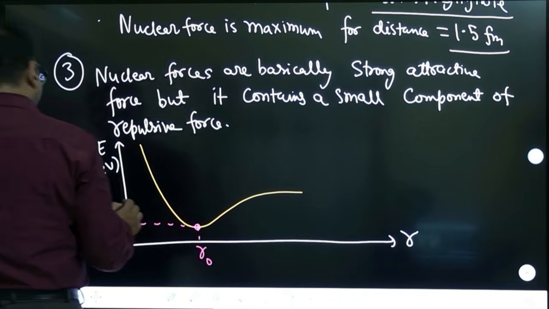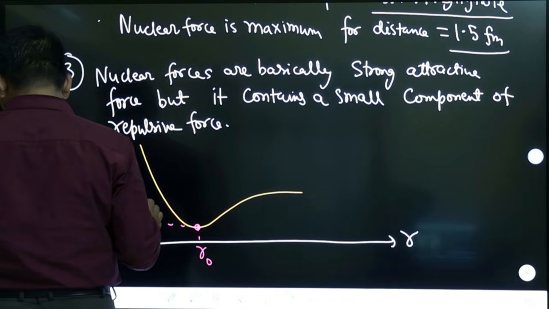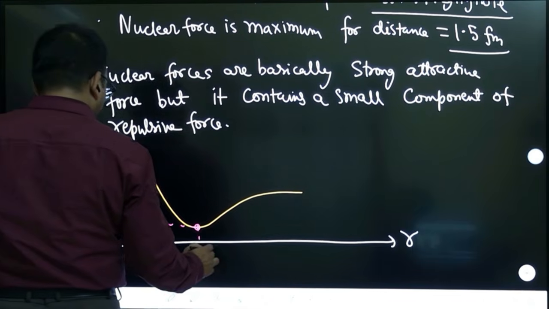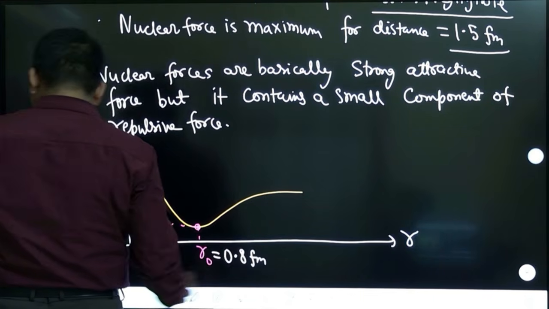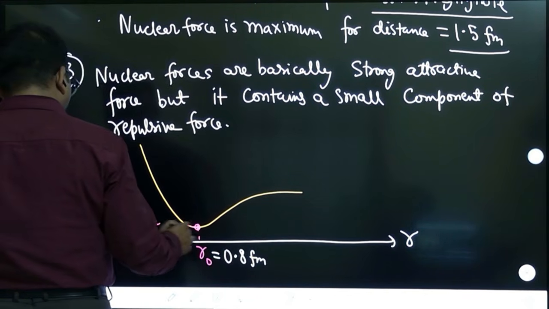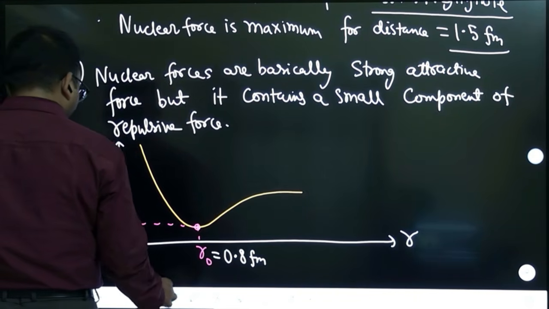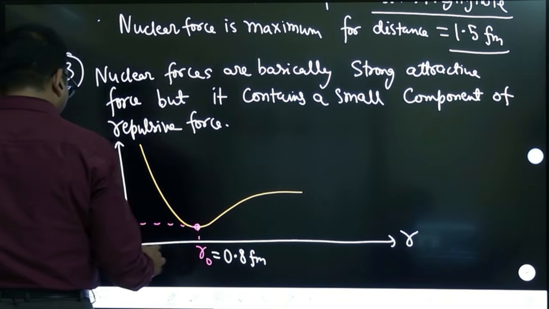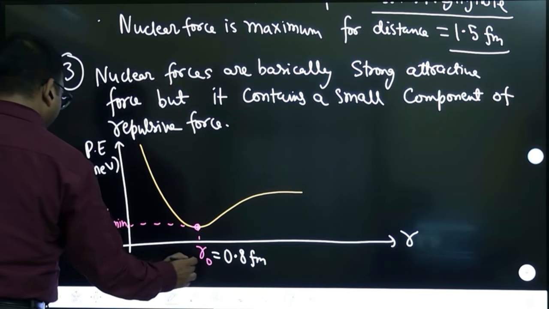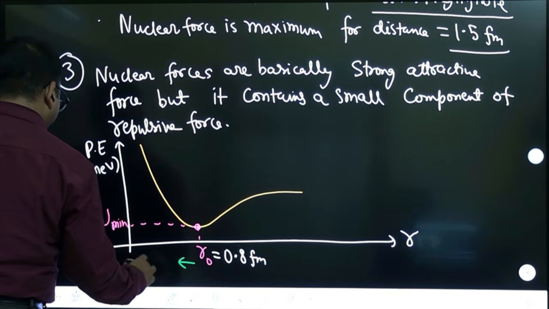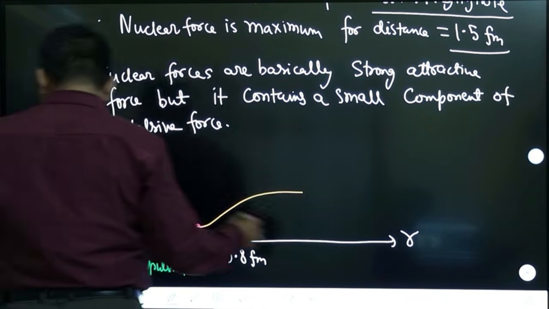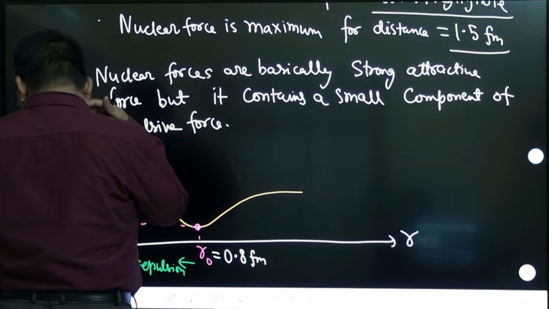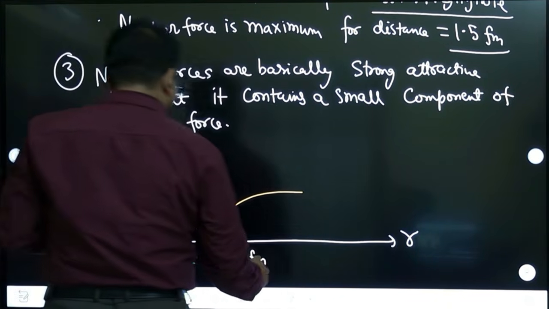Just before this minimum potential energy, and this R naught is nearly 0.8 femtometer, we have repulsive forces. That means for this side we have repulsion, and for greater than this we have attraction.